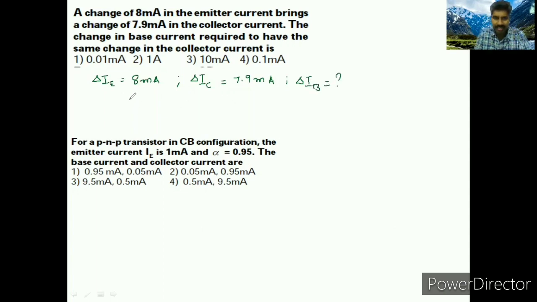We know the relation between these three: the change in the emitter current is equal to the change in the base current plus the change in the collector current.